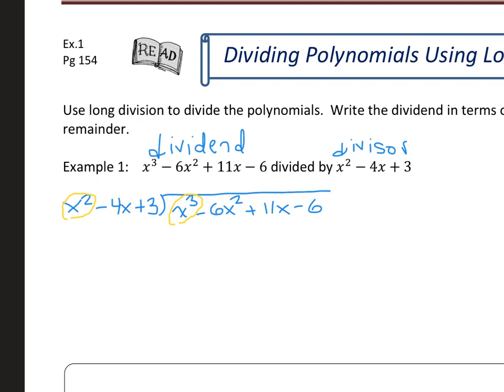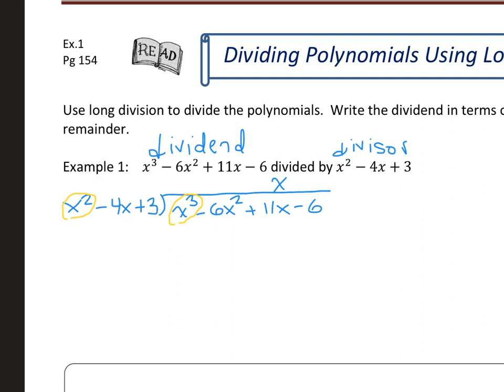And the answer there is x. So x cubed divided by x squared is x, and I'm going to look at where that place value is here in my dividend, and it's right here, the x to the power of 1. So when I put my result here, x, I'm going to put it over that place value.